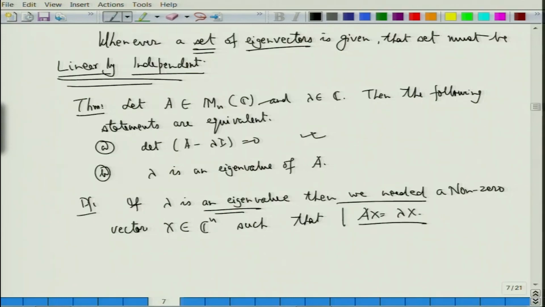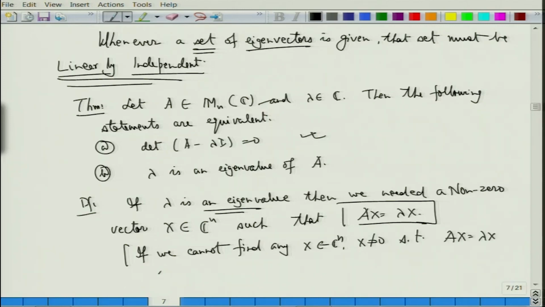So if we cannot find any x belonging to Cn, x not equal to 0, such that Ax is equal to lambda x, then lambda is not an eigenvalue.